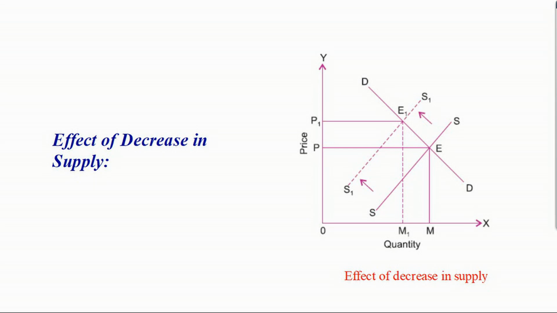The price will become skyrocketed. This is the impact or the effect that we're going to have when there is a decrease in the supply. Less supply, constant demand in the market will result in higher equilibrium price and low equilibrium quantity.